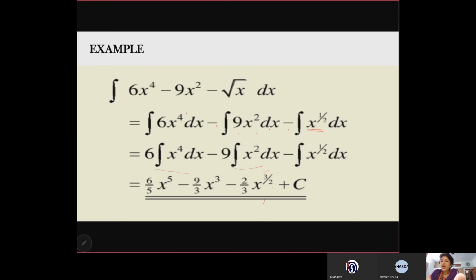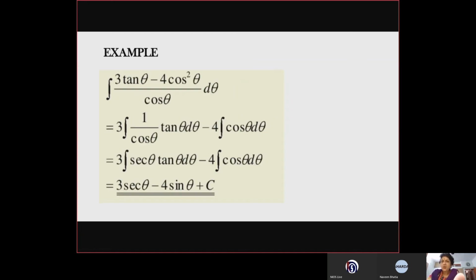So once we know how to integrate small functions, this does look a little complicated. But since the denominator is simple, I first try to separate them. So this works out to be 3 tan theta upon cos theta minus 4 cos square theta upon cos theta.